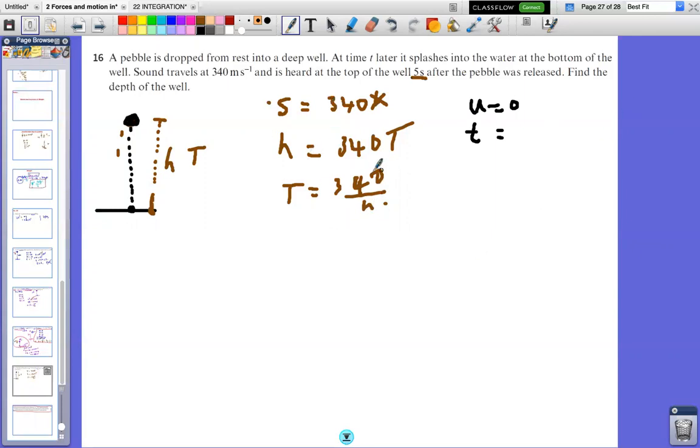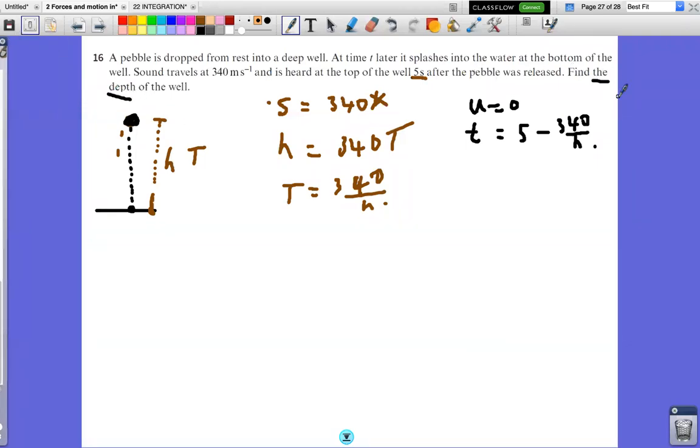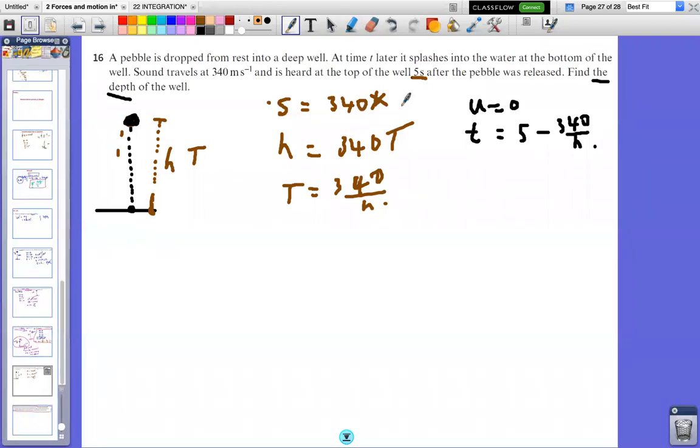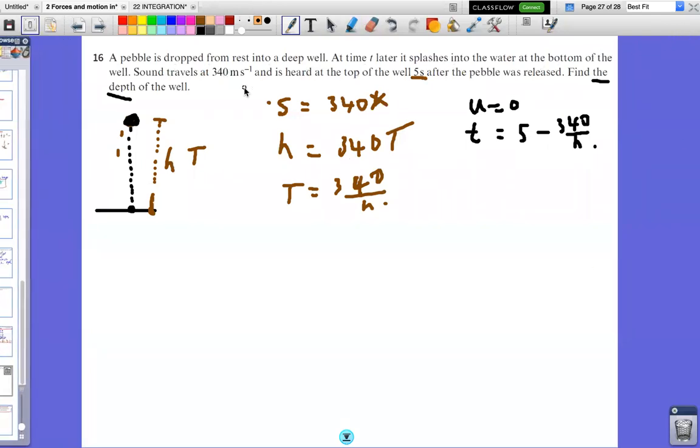We will put it in terms of H. So t is 5 seconds minus this time, right? Minus H divided by 340. I just put it in terms of H because we are asked to find H. That's what we are looking for, so we can look for it directly.